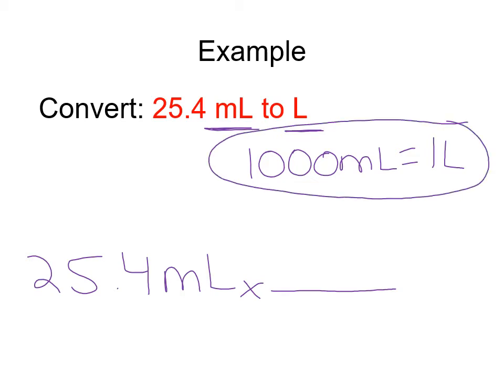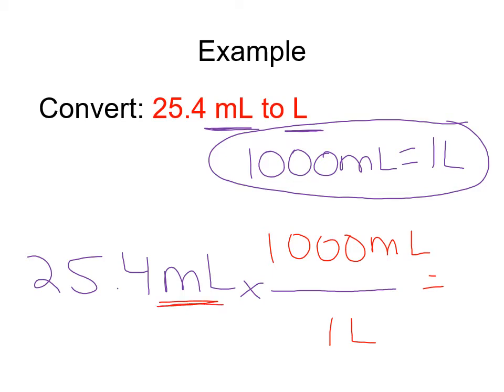Now, we can't just throw the numbers wherever we want. Do you remember how I said units are a part of the number in chemistry? So let's just pretend that I put 1,000 milliliters here and 1 liter here. So units get multiplied with the actual number. So let's say you did that.